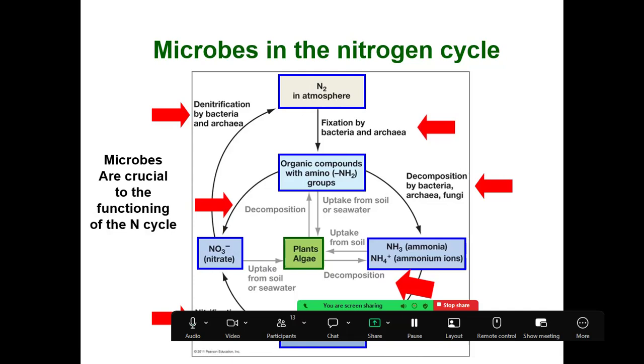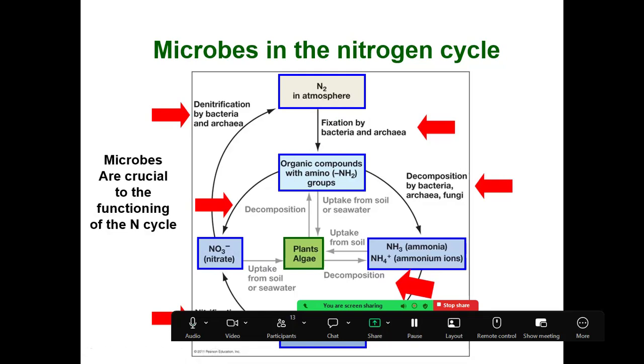And without the microbes, you wouldn't get nitrogen converting from one form to another, and you wouldn't get it changing location in the ecosystem from one place, like the atmospheric nitrogen, to organic compounds in a living organism, to ammonia, an ammonium ion being released into the soil or water.